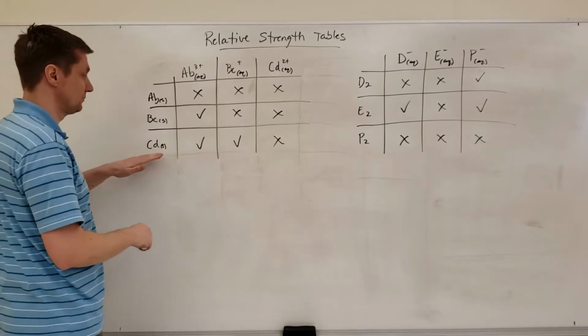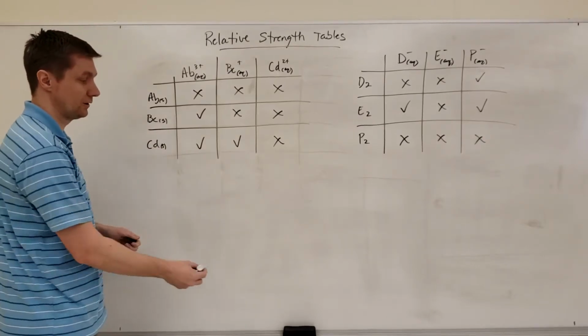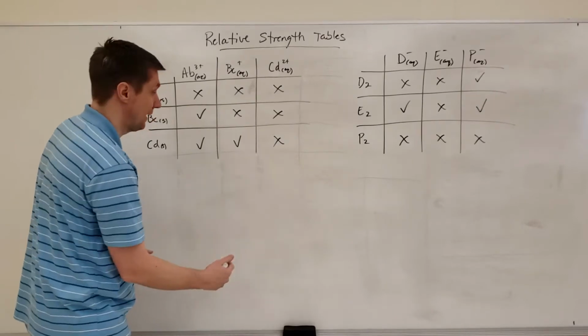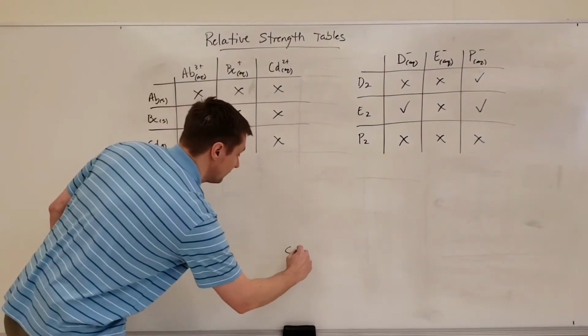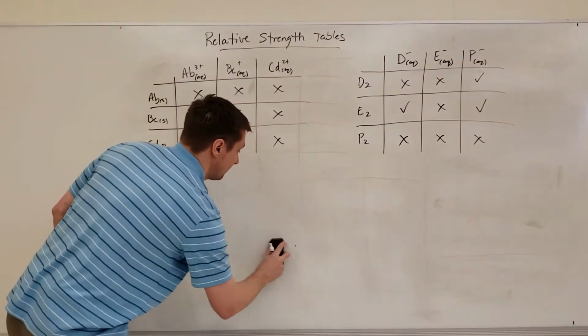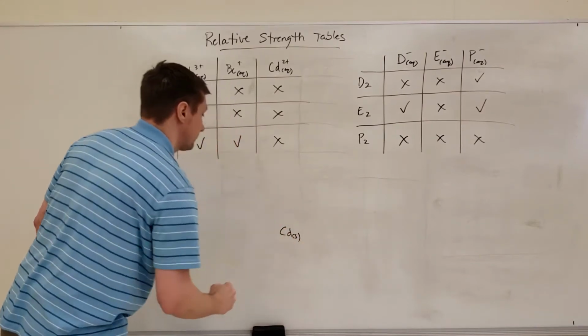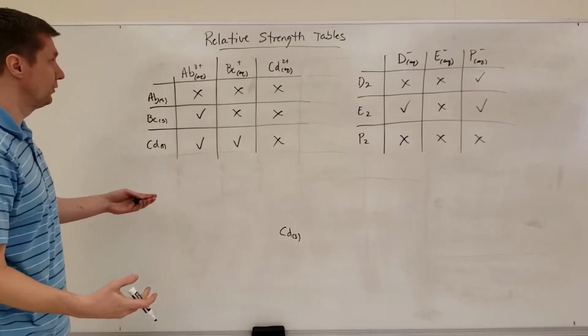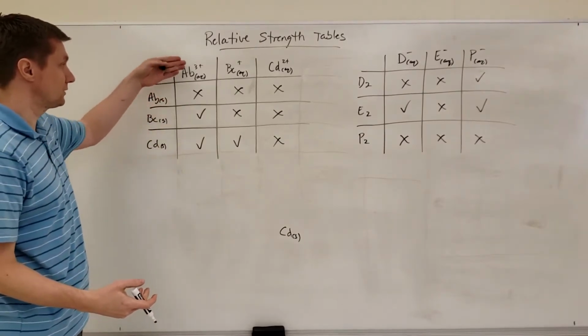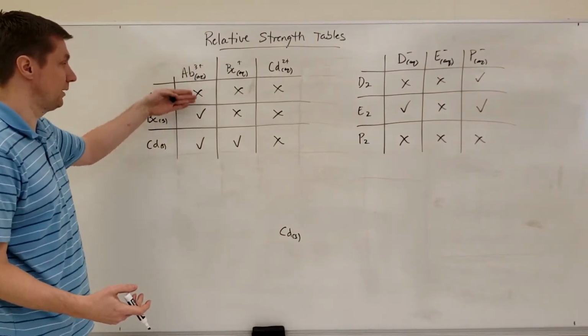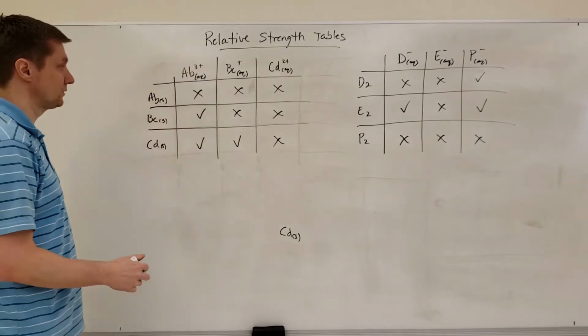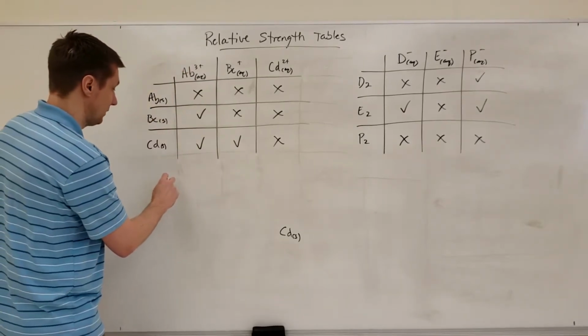And because this is my strongest reducing agent, I know that that then is going to go down here at the bottom, Cd solid. I also know that my strongest oxidizing agent is Ab3 positive. And so this one is going to go up here in the top left-hand corner.